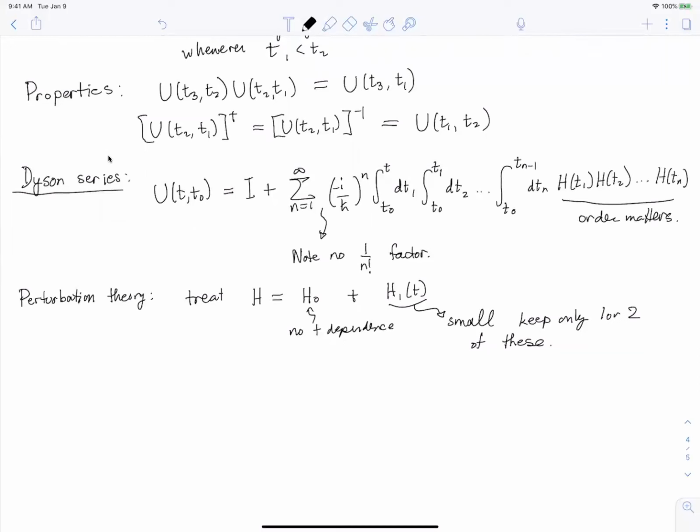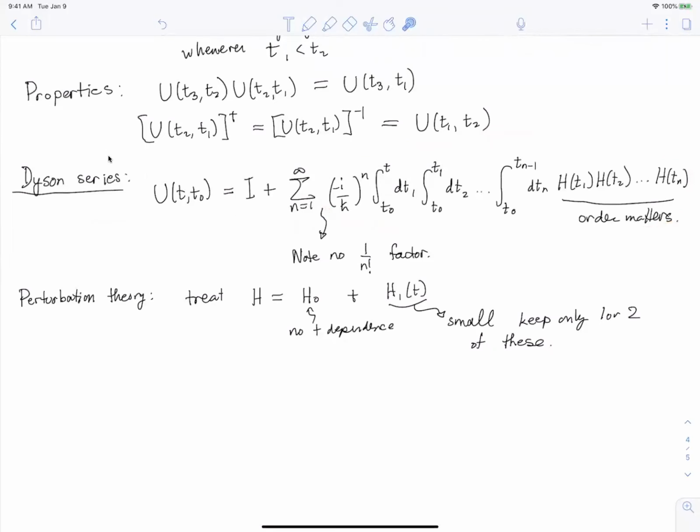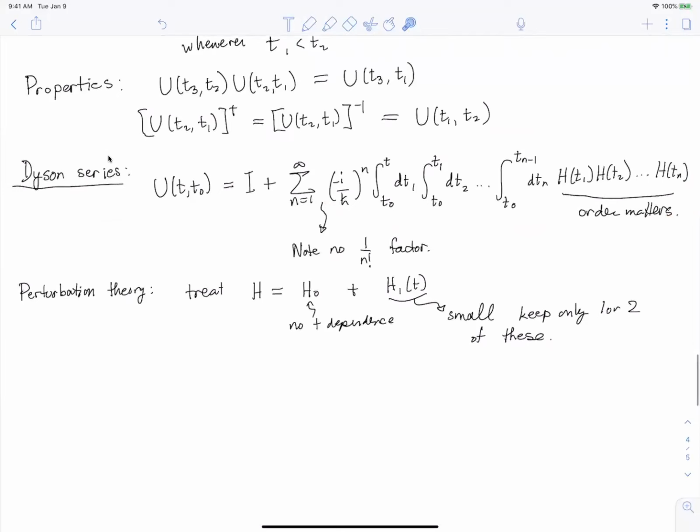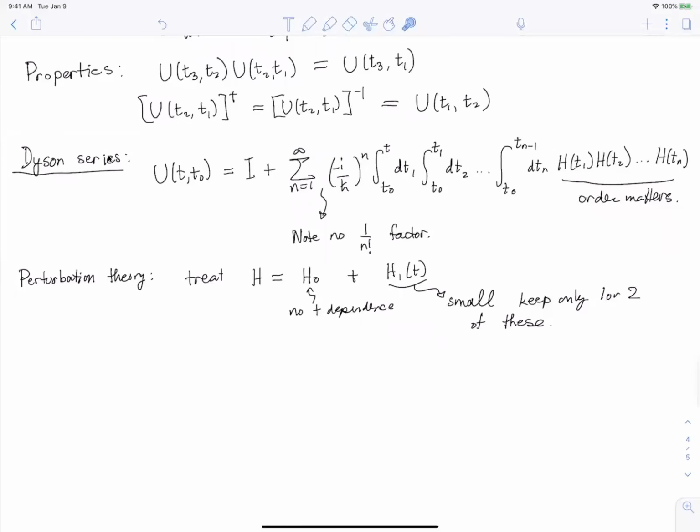You don't have to keep track of all of these terms here. There's only a few terms that you have to keep track of, and then you assume or hope that the rest are small. So that's time-dependent perturbation theory. There's also time-independent perturbation theory, which if you take physics 661, we will treat before we get to this. So that's a long way in the future, but it's good to see now where we're going.